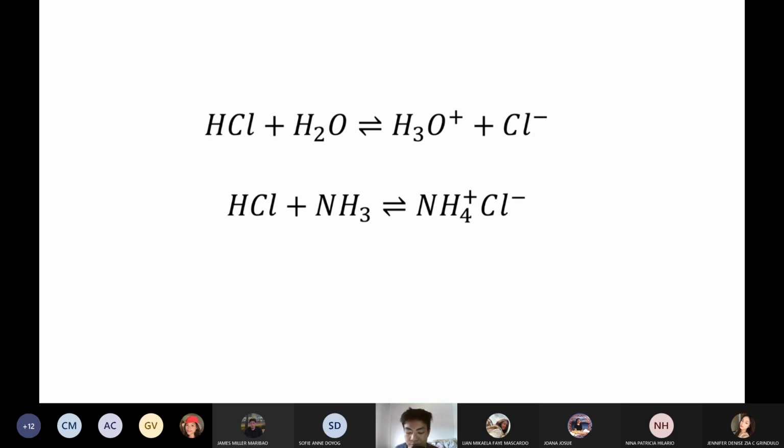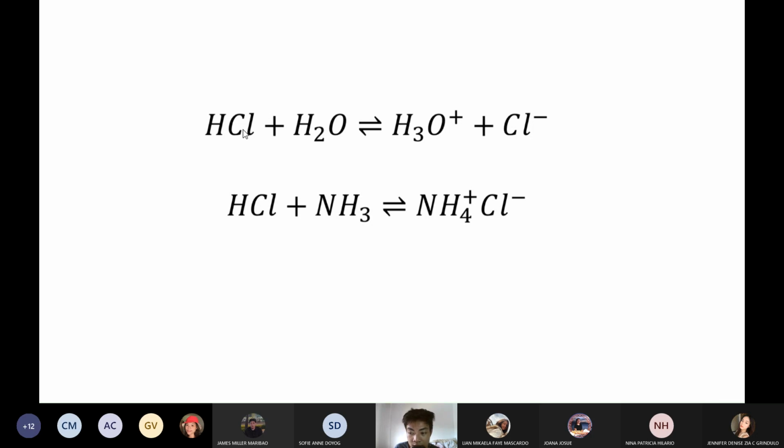Okay, so anyway, let's look at this one, HCl plus water in equilibrium to produce hydronium ion and chloride ions. Okay, so sa reactant, tignan mo, sino yung nabawasan ng H pagdating sa product? Okay, so by just looking, HCl, ito yung nawalan ng H. Kasi pagdating sa product, Cl minus na lang siya. Okay, so this molecule lost a proton.